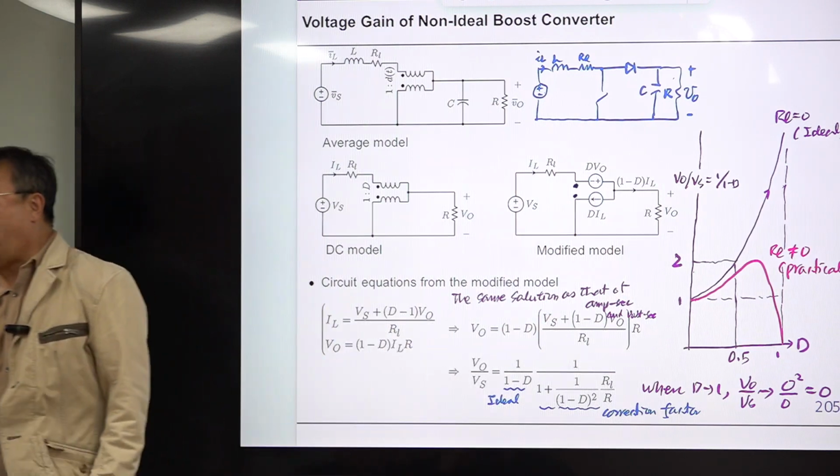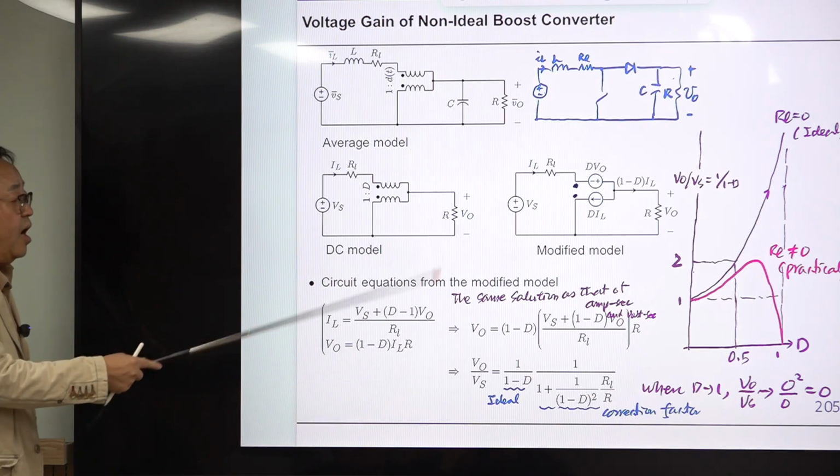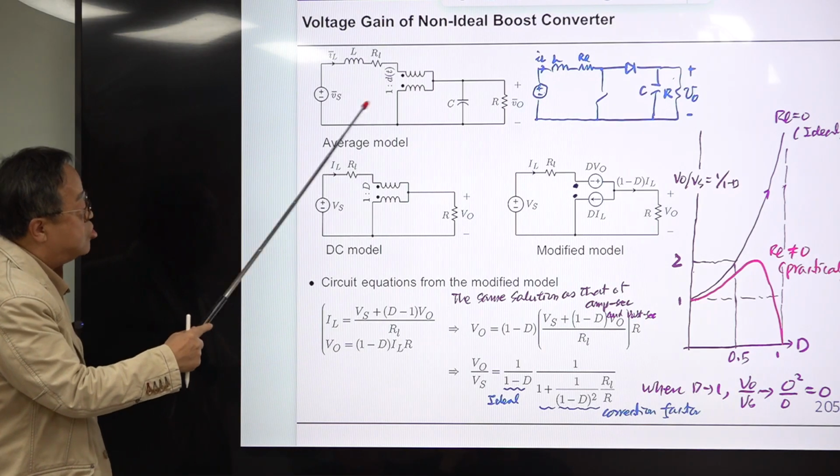So this is one example of the average model to obtain the voltage gain of some tricky situation. This is one simple example. And some time, about 1 year ago, I lectured on this boost converter.